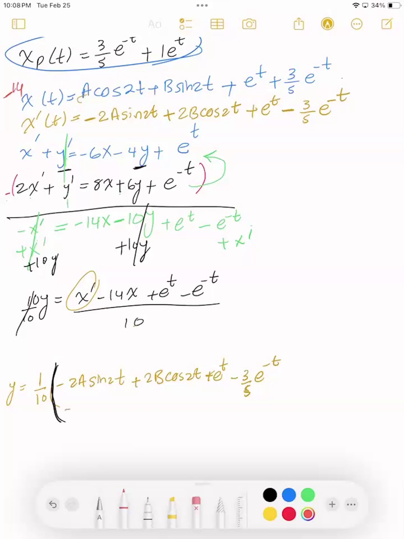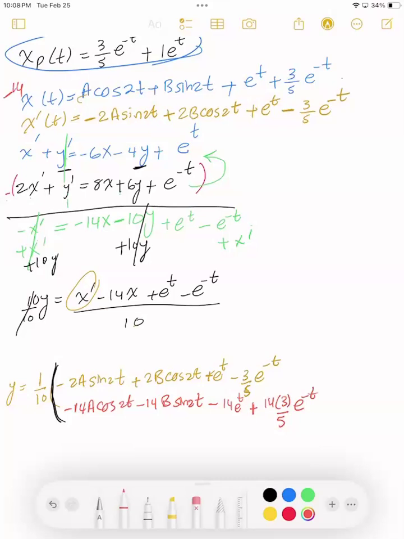So I get negative 14a cosine 2t, negative 14b sine of 2t, negative 14 e to the power t, and negative times negative is positive 14 times 3 over 5 e to the negative t.